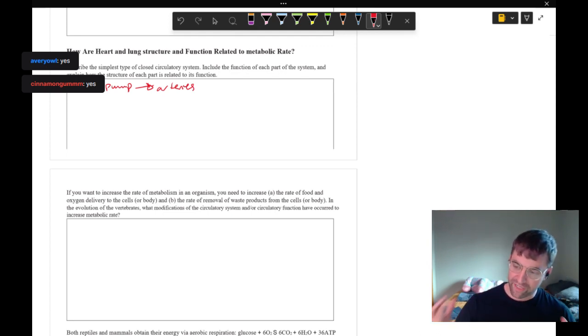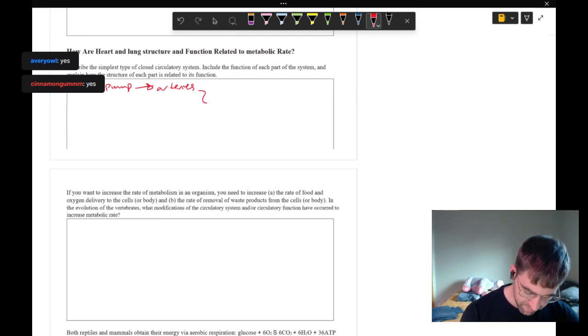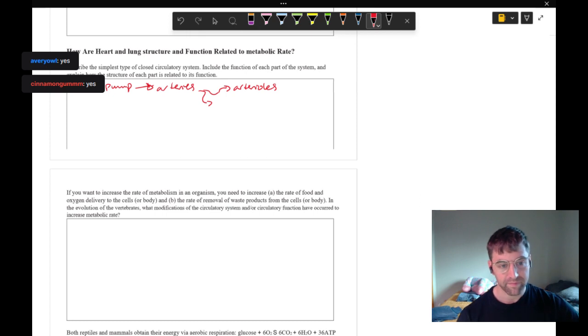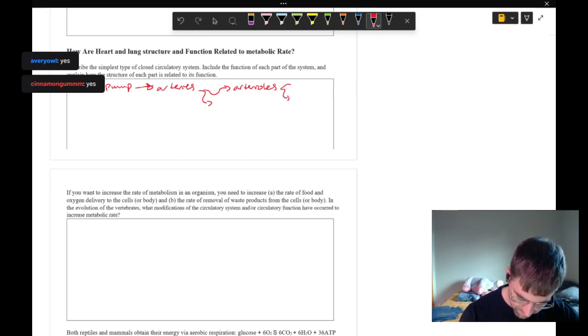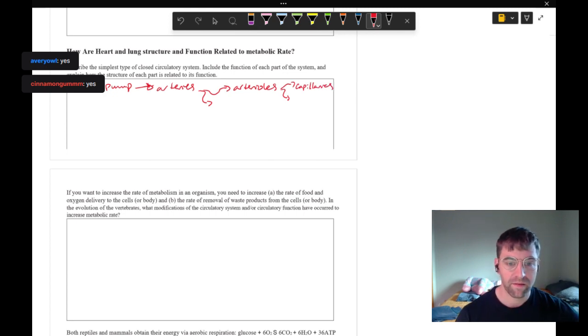The arteries branch into arterioles and into capillaries. Capillaries are the site of where most gas exchange occurs. Oxygen leaves those blood cells and goes into the tissue.